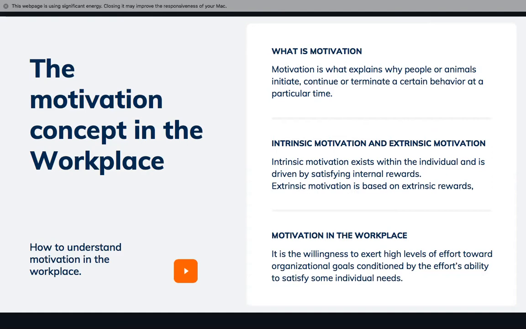It involves an interest in or enjoyment of the activity itself. For example, children will read books because they like to do it, not because their mother will praise them or they will get paid. Extrinsic motivation is based on extrinsic rewards like money, praise.